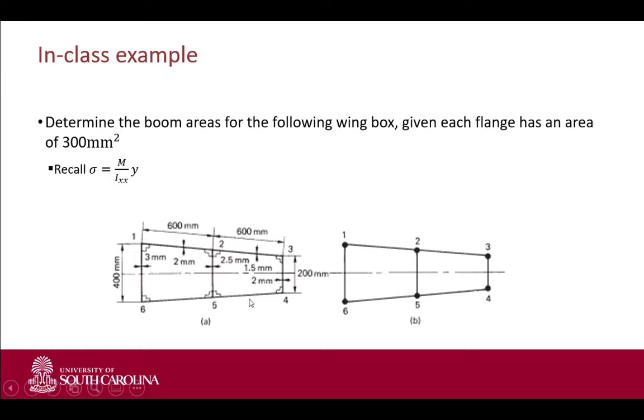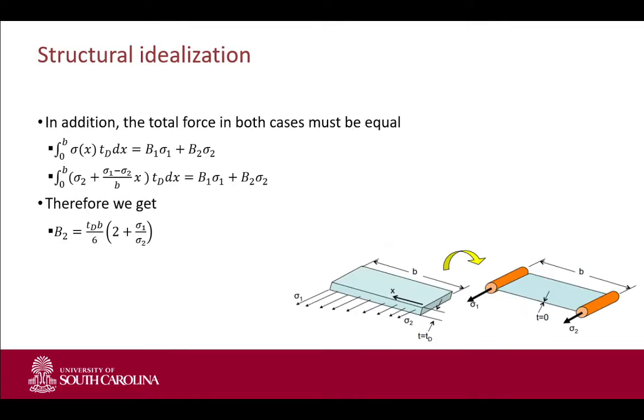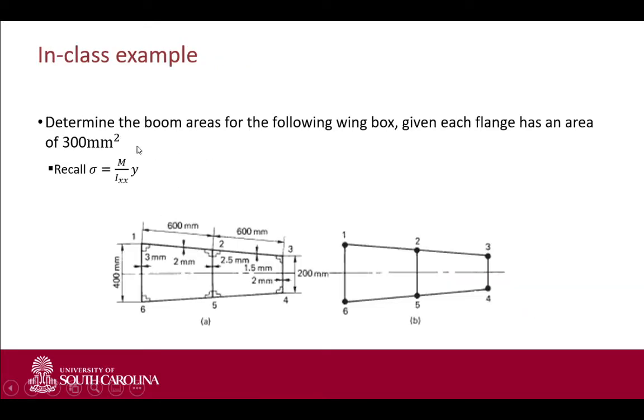And then if you want to calculate the boom areas, we needed basically the ratio of sigma 1, sigma 2. But we know that under an applied moment, the stresses are equal to the moment over Ixx multiplied by y. We know the applied moment will be equal for every case.